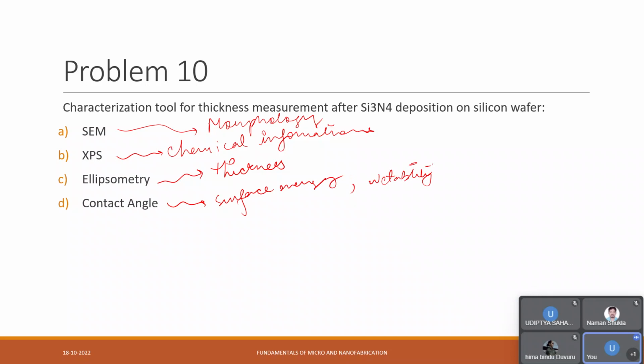Essentially in ellipsometry, they place a wafer and from one side they launch a polarized light. On the other side they have the analyzer. So essentially this light tends to form an ellipse.